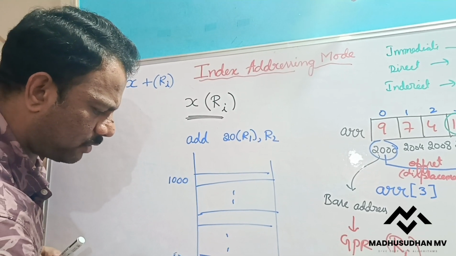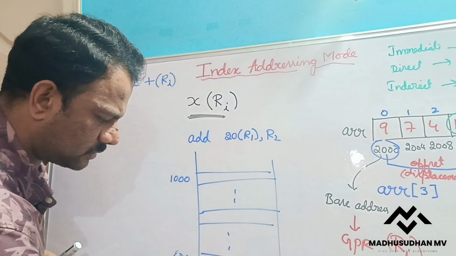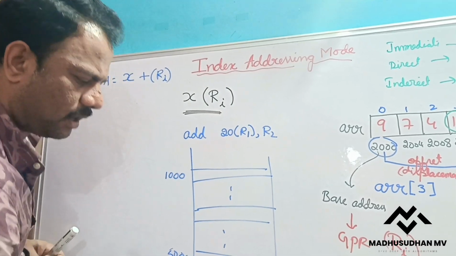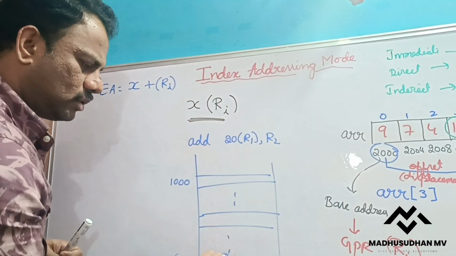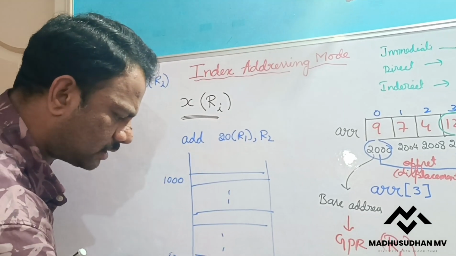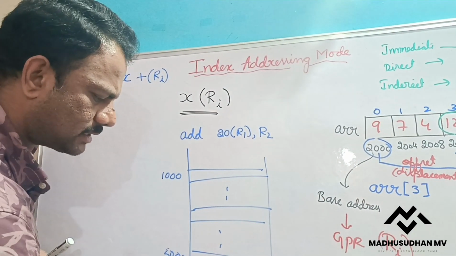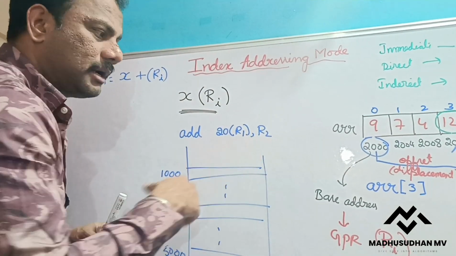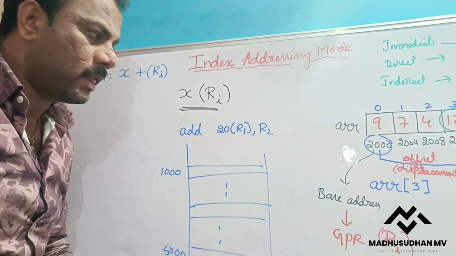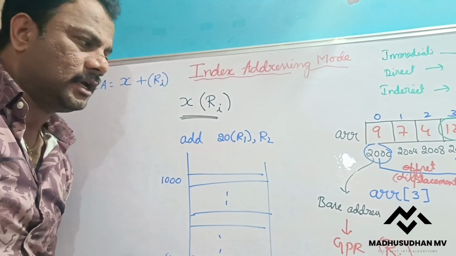Now I have two registers, R1 and R2. R1 contains an address in brackets, so let us say 1000 is stored in R1, and R2 contains 25. R2 doesn't have a bracket, so R2 contains a value. R1 is within the bracket, so R1 contains an address.